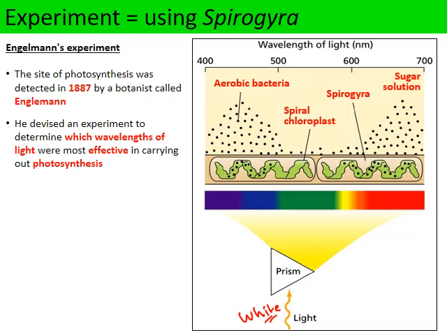Now, next to this container, he had a membrane, so a synthetic membrane, and he then had aerobic bacteria that we call obligate aerobes, because they require oxygen in order to divide, and they respire aerobically. So what he did was to look at the accumulation of these obligate aerobe bacteria around the Spirogyra according to which wavelengths of light were being absorbed by that part of the chloroplast inside the Spirogyra.